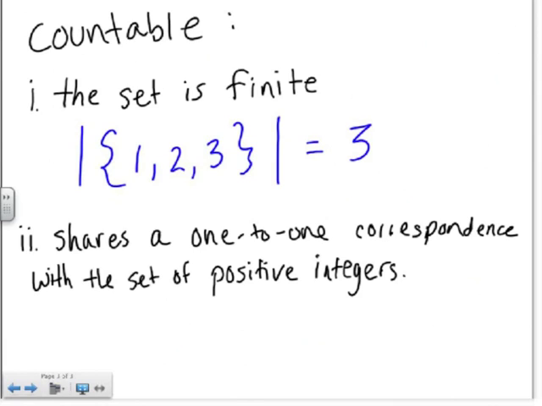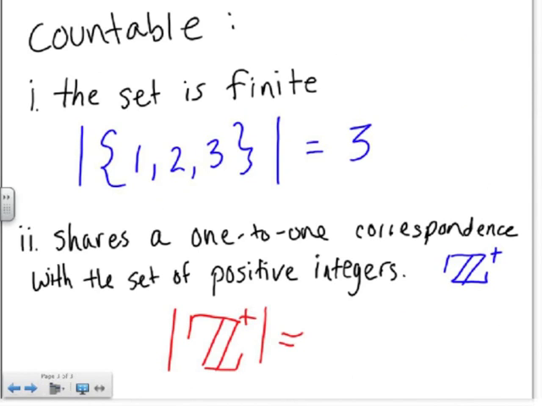Or a set is countable if it shares a one-to-one correspondence with the set of positive integers, which we denote the set as Z with the superscript plus. The cardinality of the set of positive integers is denoted by the symbol for aleph null.